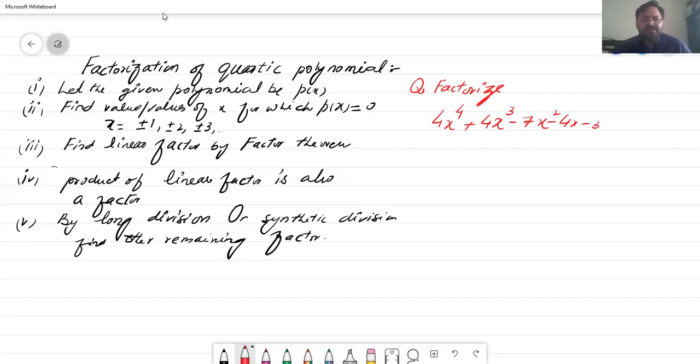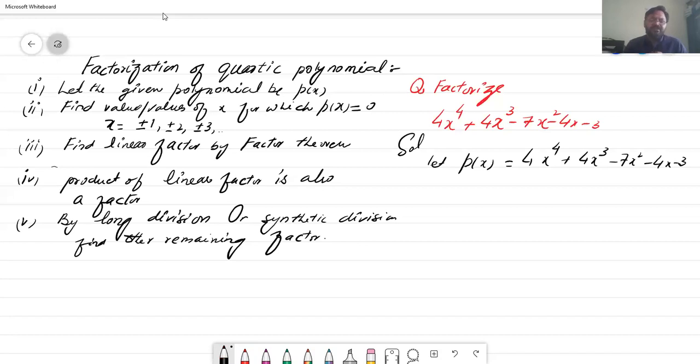First step, you have to let this polynomial be p of x: 4x raised to power 4 plus 4x cube minus 7x square minus 4x minus 3.